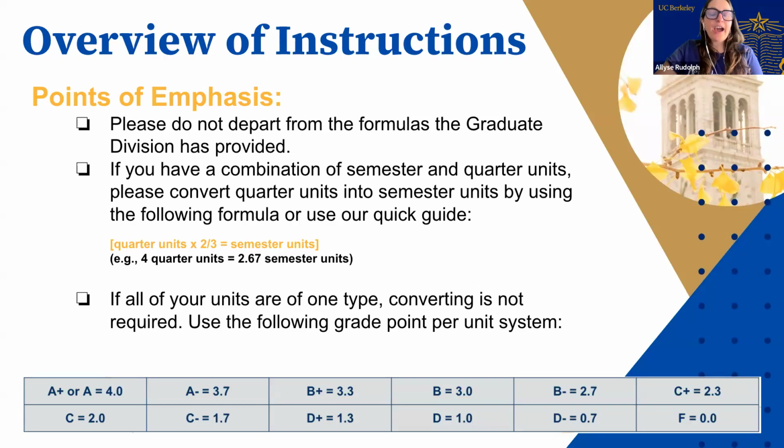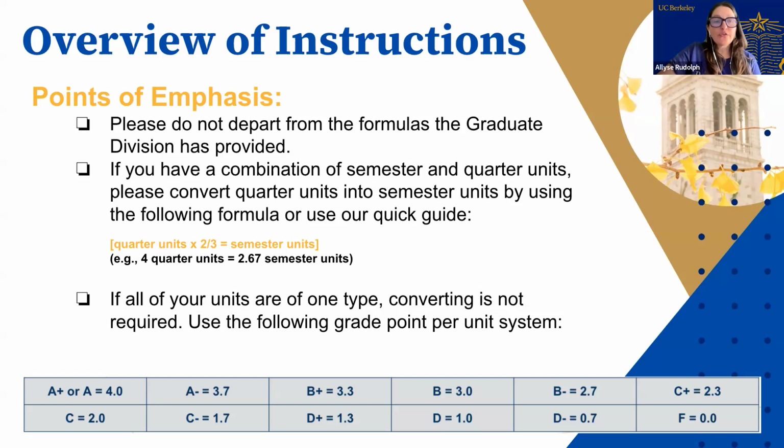And then if you have a combination of semester or quarter units, that's totally normal, but we do need to make sure all quarter units get converted to semester units, and we'll show you how to do that in just a moment. But you want to make sure that everything you're entering on this sheet has been converted into semester units.